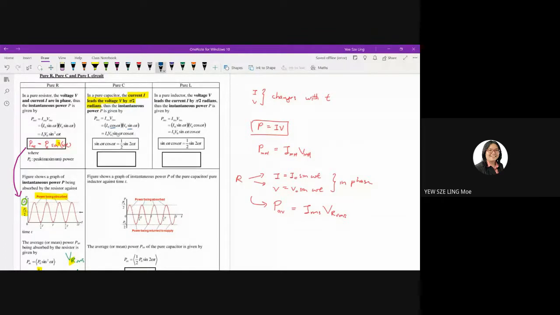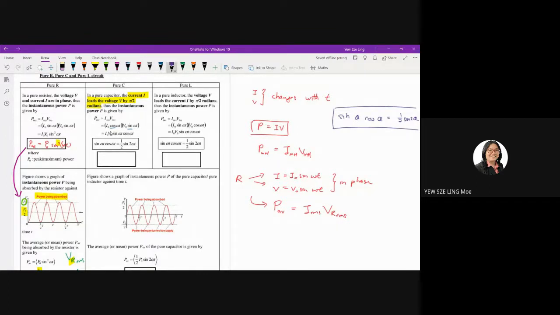When you calculate it, you obtain I naught V naught sine omega t cos omega t. Now, according to trigonometry rules, sine theta cos theta is equal to 1/2 sine 2 theta. That is according to your trigo identity.